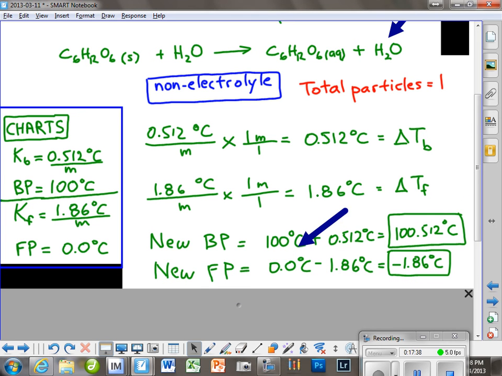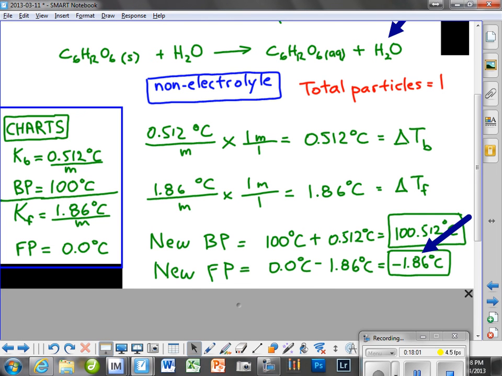And the freezing point, now we have to subtract that from 0, which is the freezing point of water from the chart. And so that is going to get subtracted and become a minus 1.86. And that's the calculation when we have a non-electrolyte.